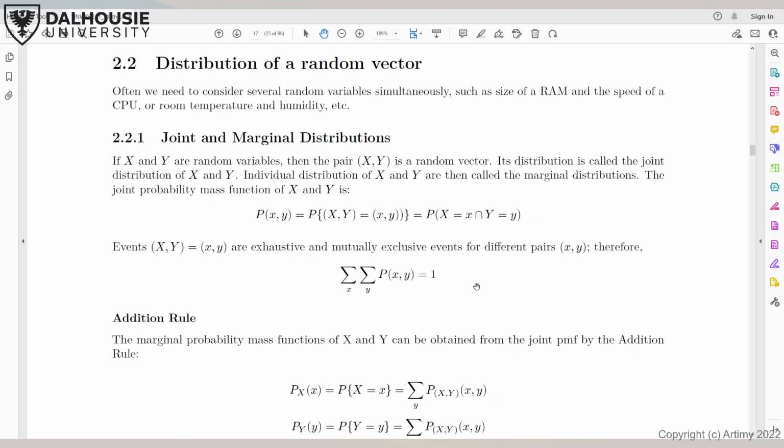I could also represent the size of the RAM as a random variable, right? And I could represent them as two variables with a joint distribution. So for example, what is the probability that the CPU load is 0.7 and the free RAM is 1.2 gigabits?